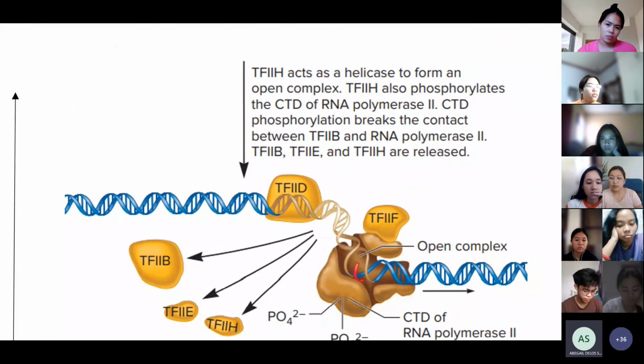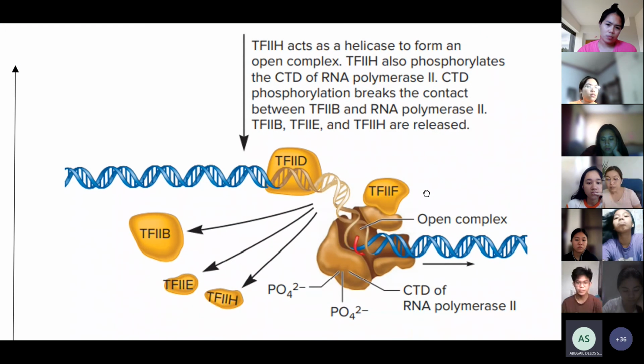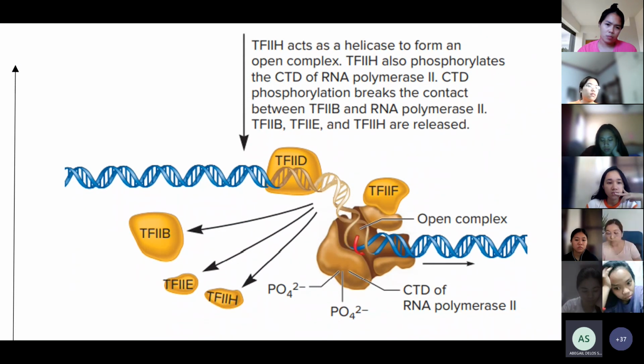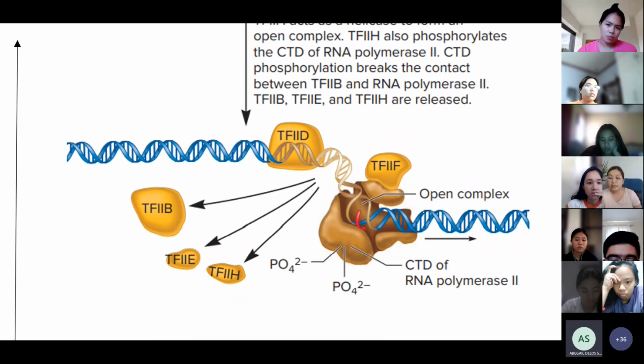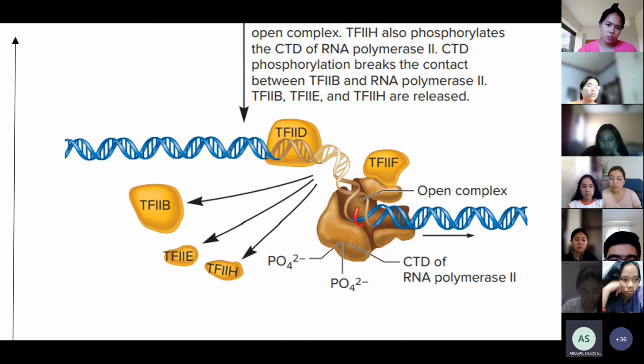Your TFIIH would act as a helicase to form the open complex, and it would also phosphorylate the CTD of RNA polymerase II. The phosphorylation would break contact with TFIIB, so it will disintegrate your TFIIB, TFIIE, and TFIIH, which signals their release. Once they have been released, we form the open complex, and the transcription process can now start.